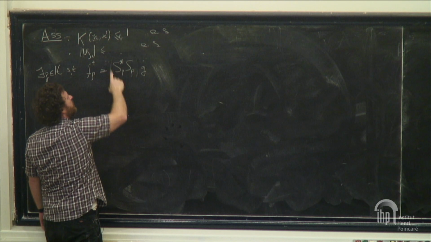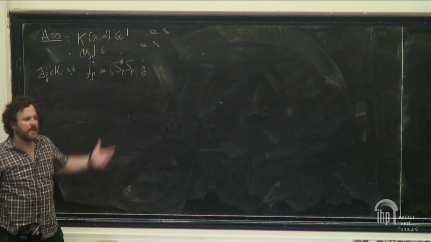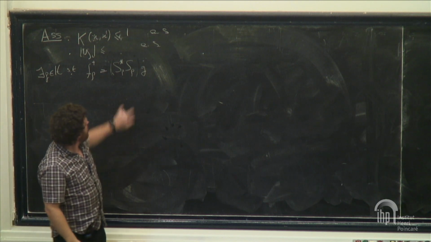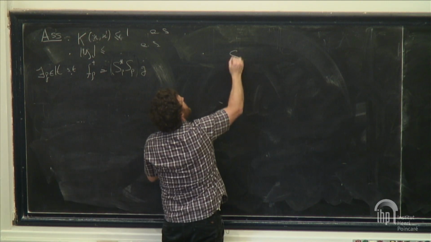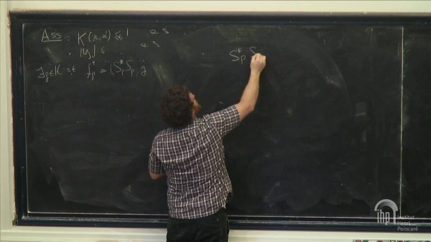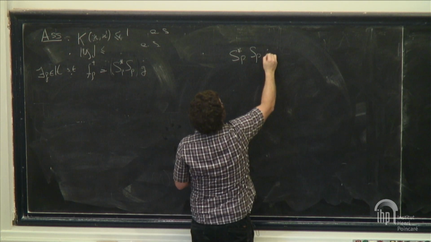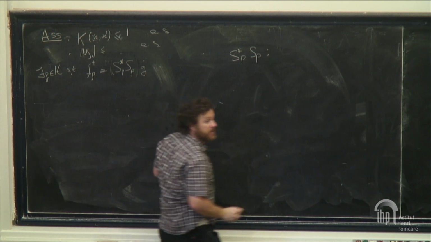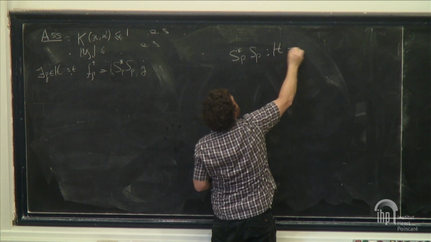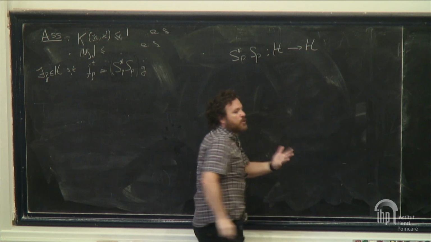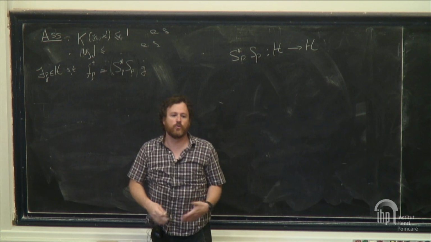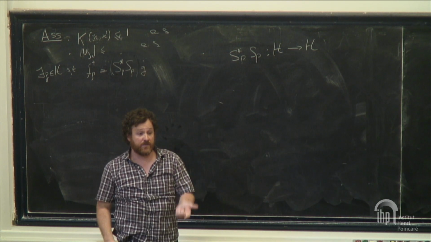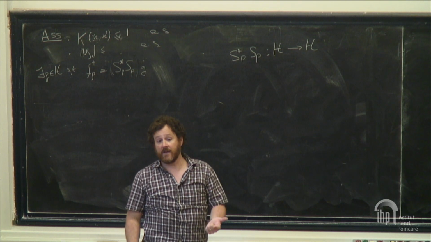You take this operator, you apply it to this function. Remember that these operators are nice, okay? This operator S star rho S rho is an operator from H to H, and I want to explain this a little bit to give you an idea of why it is an assumption. Under this assumption, it can be shown to be a symmetric, positive definite, and compact operator.